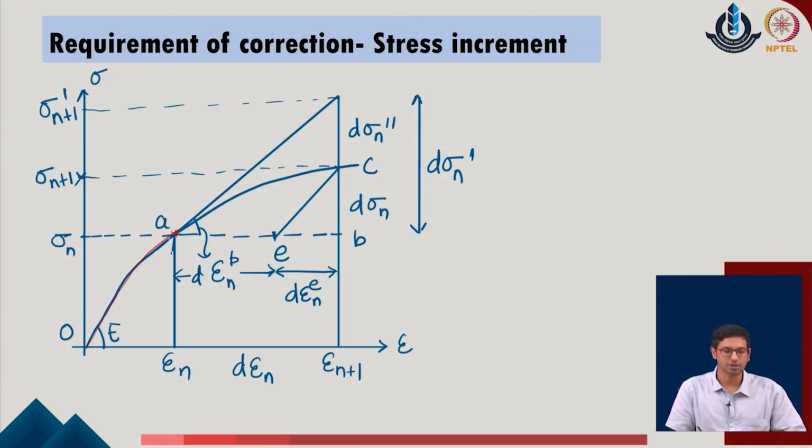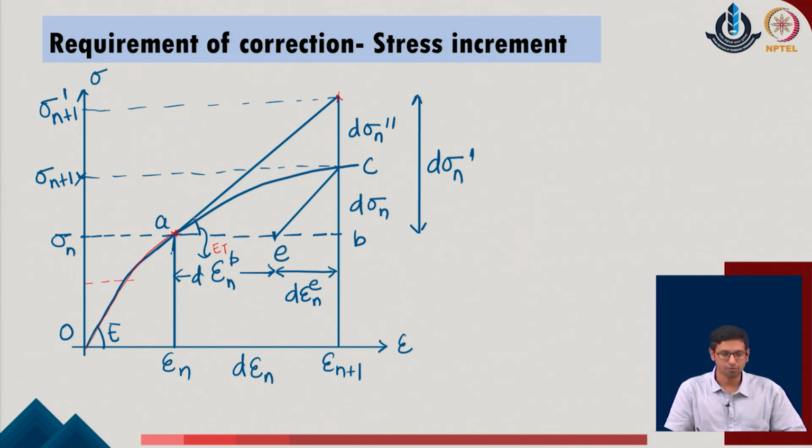One thing we must understand is that point A is well above the initial yield of the given system. So, it is already in the nonlinearity of the given system, and at this point A we are trying to calculate the tangent of the given system, drawn as a tangent having the slope equal to E t.